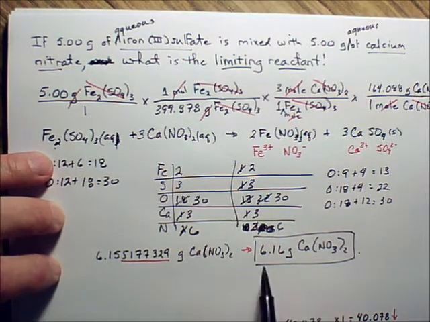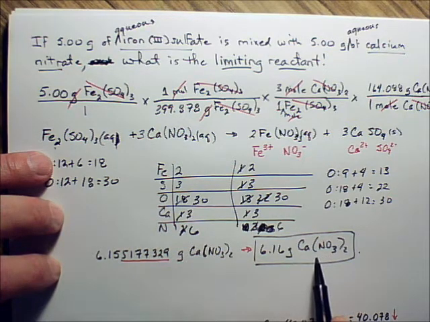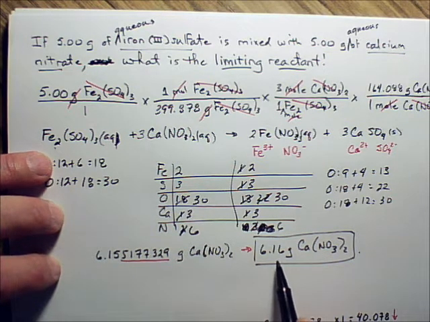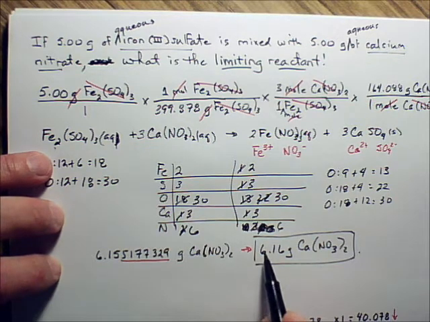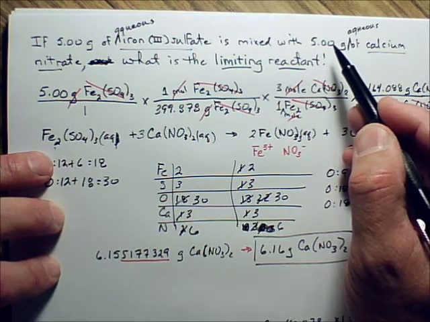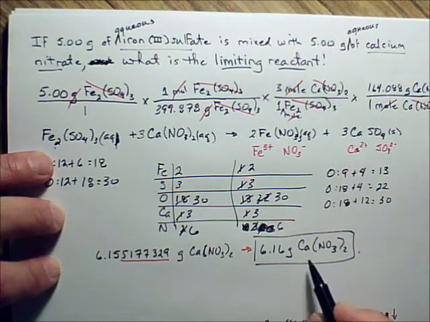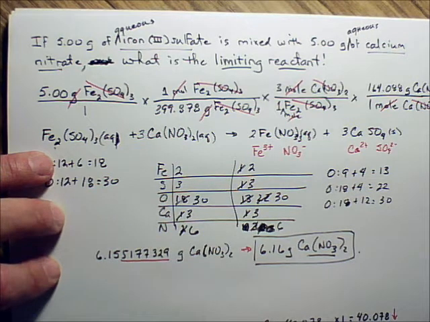If the calculated amount of limiting reactant is greater than the given amount of that same reactant, if the calculated amount, that's this amount right here, is greater than the given amount of that same reactant, then this species is the limiting reactant.